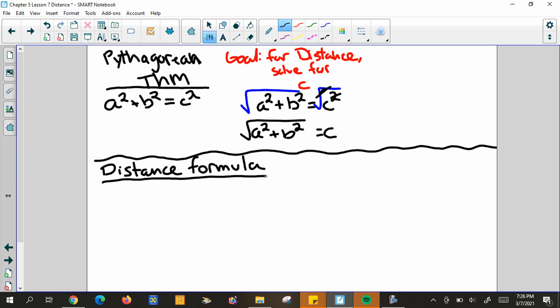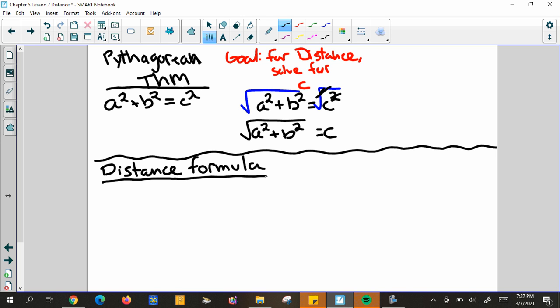And there's no real way for us to count the length of that diagonal, unlike how we can count how far up and down, how far left and right. Well, we can still use that, the how far up and down and the how far left and right, to solve and find the distance.